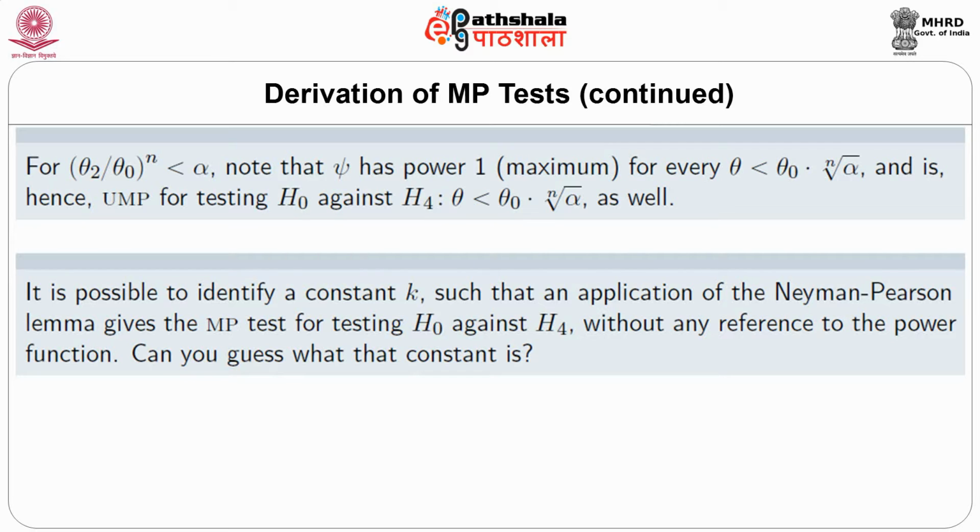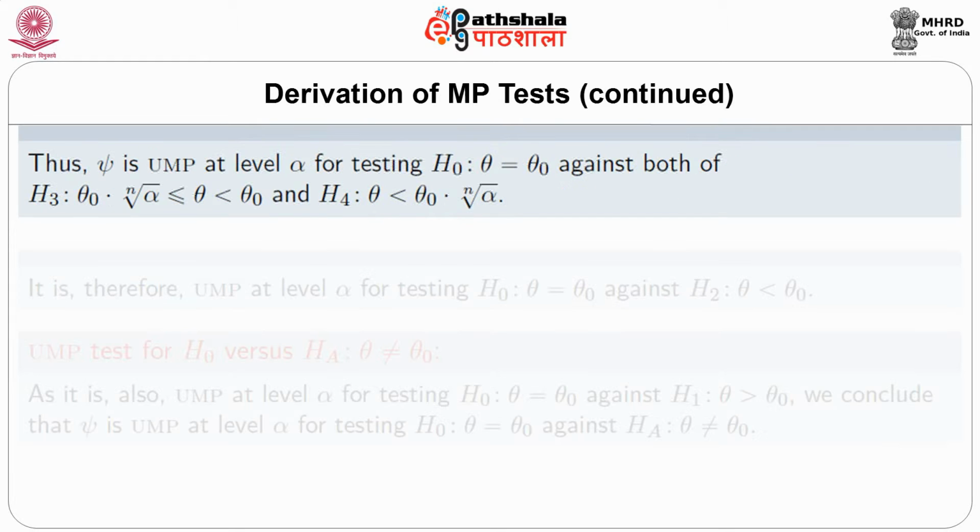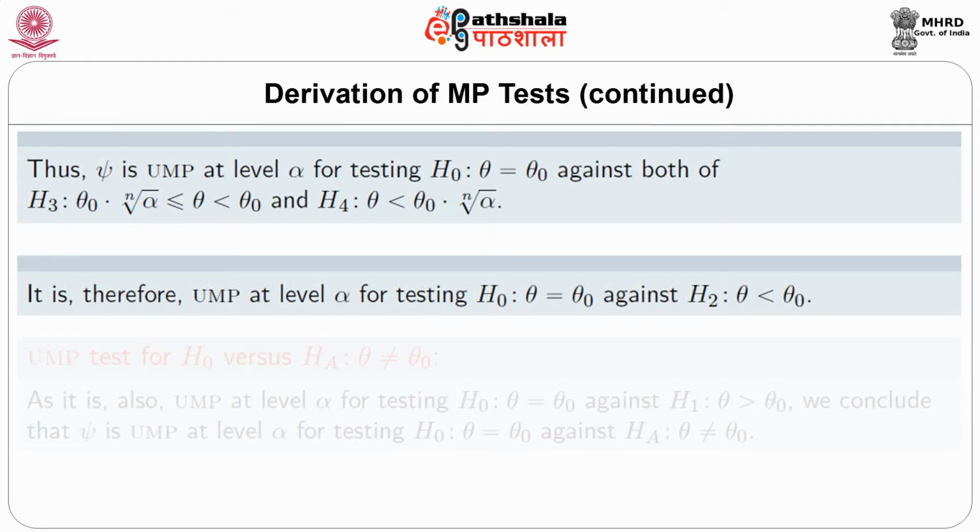So, that is obviously uniformly most powerful for testing H naught against theta less than theta naught alpha to the power 1 by n. So, we have shown that H naught, theta = theta naught, against theta less than theta naught alpha to the power 1 by n is tackled using the power function of psi that we have already shown, because the power is 1.